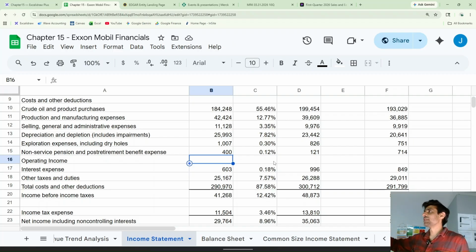It's just from the operations of the business. Okay, they're not giving that to you, but usually you would want that margin.